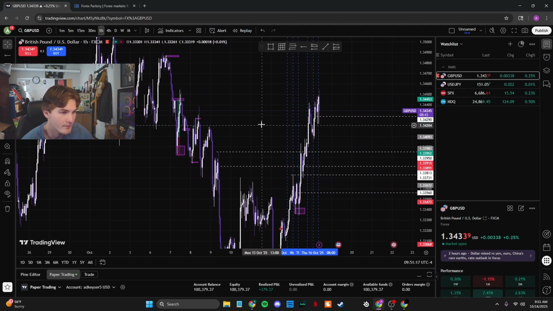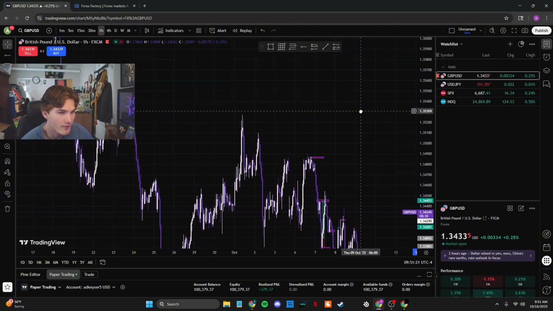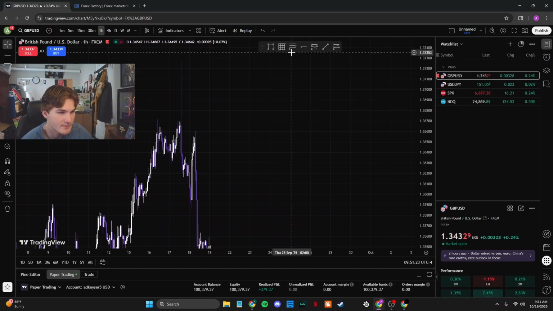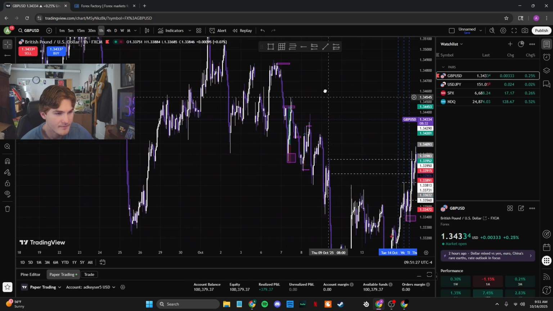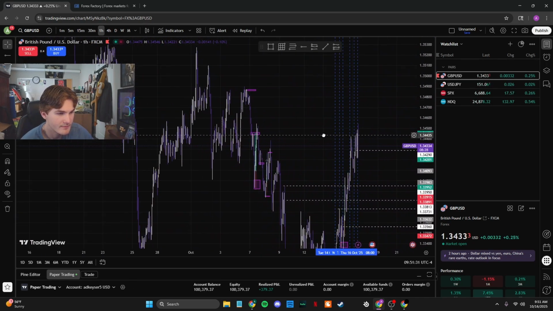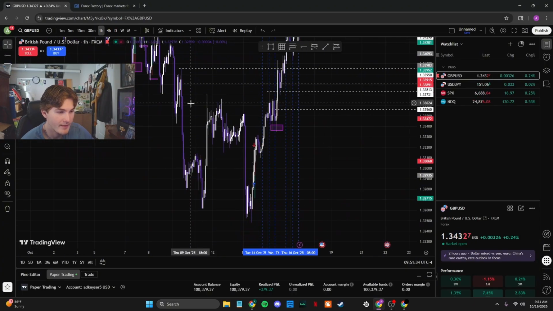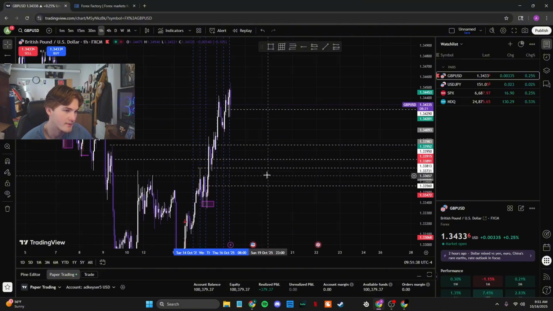I mean, we're sweeping all of these liquidities, making up for all of this imbalance after this giant liquidity sweep. And news coming. I thought it was just going to be lower lows. Filled the imbalance here, and it's just continuing to go.